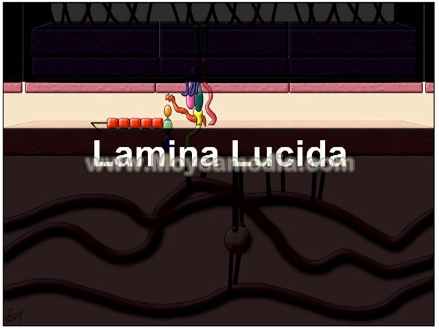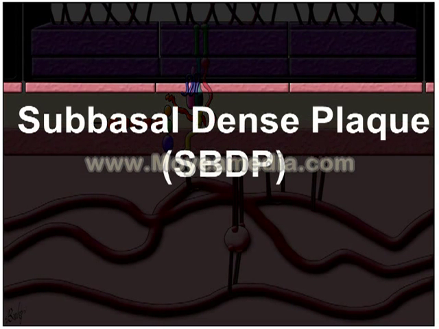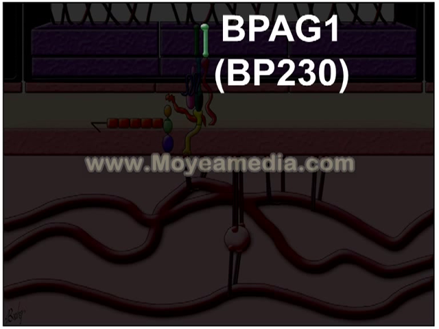Below that, the lamina lucida, the subbasal dense plaque. Bullous pemphigoid antigen 1 is an intracellular component. That's the BP230 antigen.